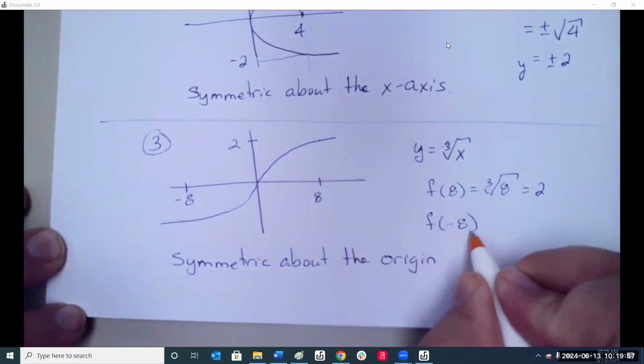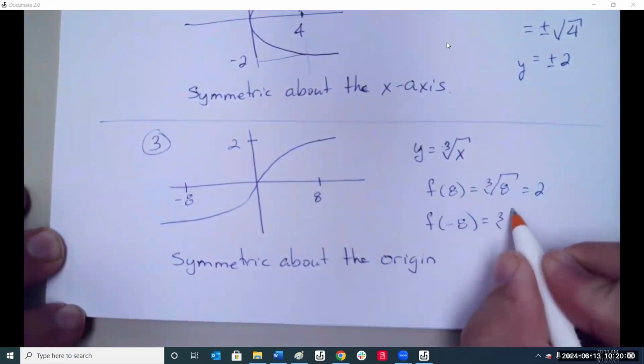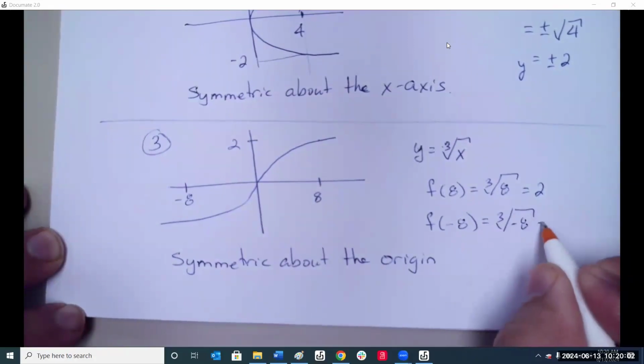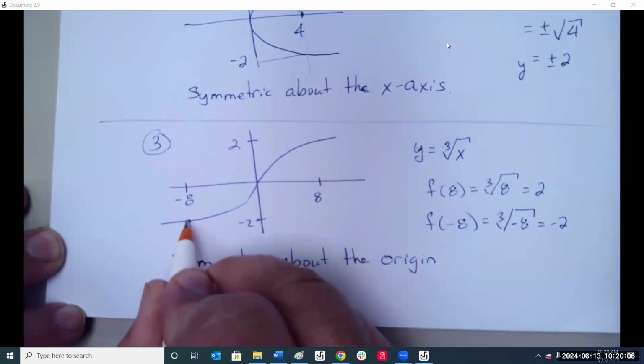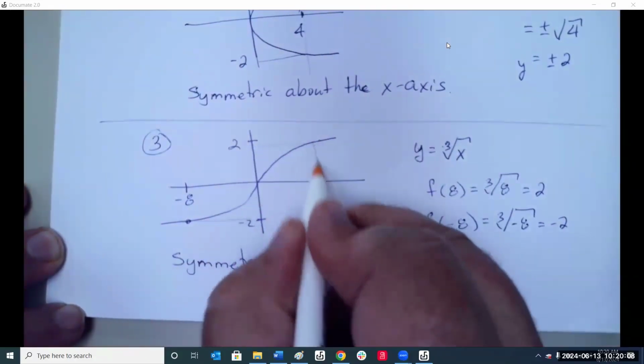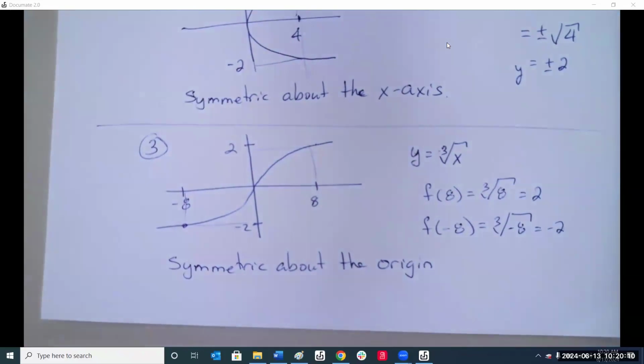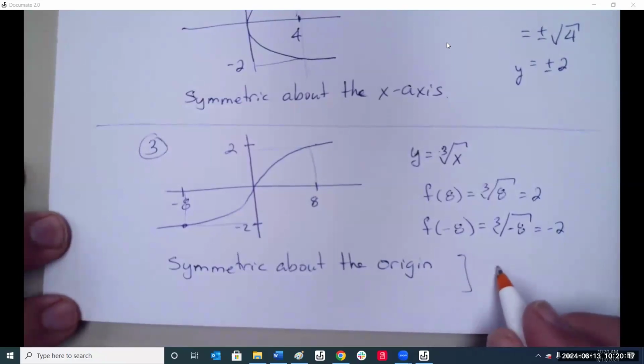If I change to negative 8, the cube root of negative 8 is negative 2. We call this an odd function.